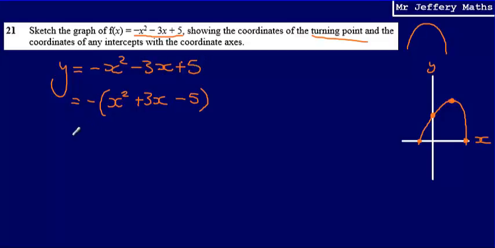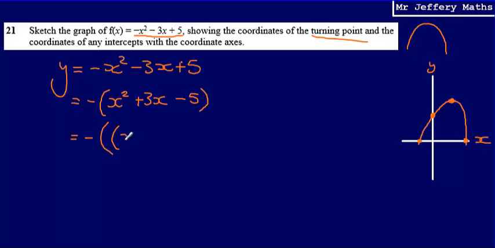So what I'm then going to do is complete the square with this part inside the bracket. So I've got negative and then multiplied by, and let's complete the square. To complete the square, all I have to do is take the middle term, the coefficient of x, and half that.